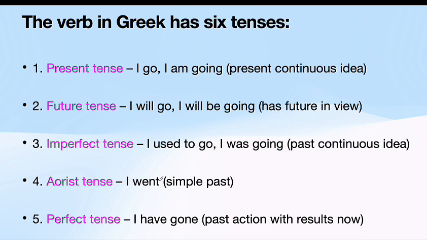The verb in Greek has 6 tenses. Before I say these 6 tenses, tense has to do with time. But how time or tense works in Greek is different from what we know in English.